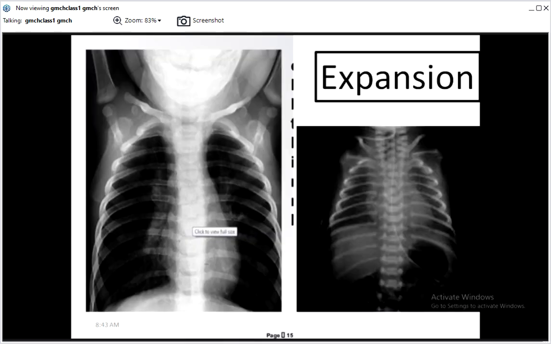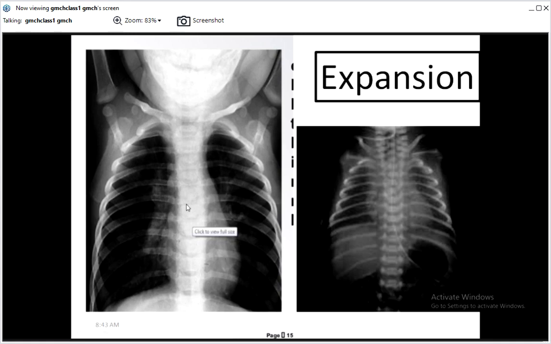So coming to the expansion. In this X-ray, if you count down the ribs, 1, 2, 3, 4, 5, 6, 7, 8, 9, 10. So 11th rib is almost intersecting the diaphragm. So this is a hyperexpanded film. And you can also see that the heart shadow, this is called as tubular heart, has been compressed.